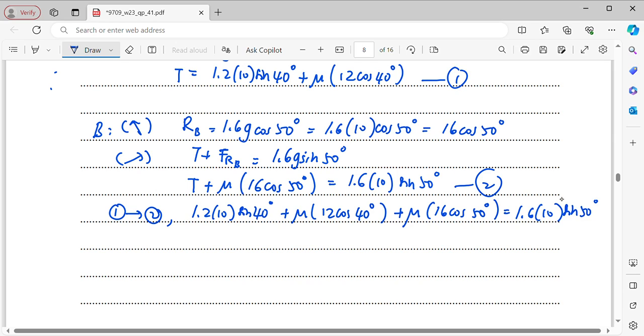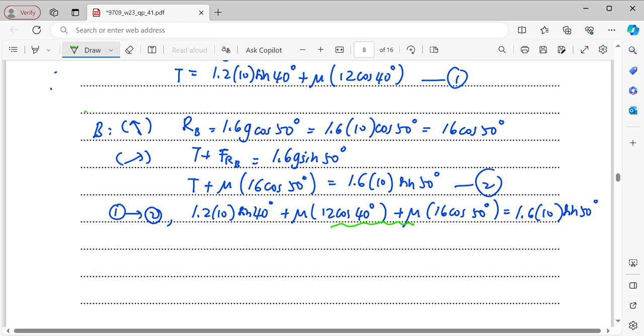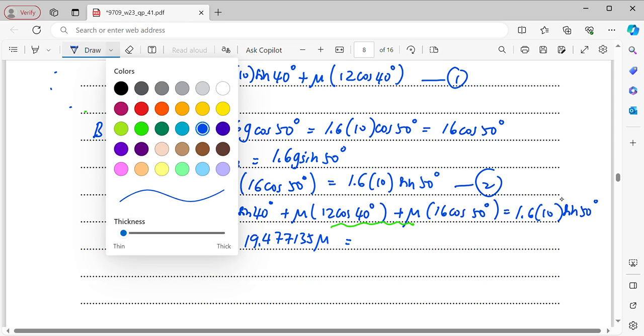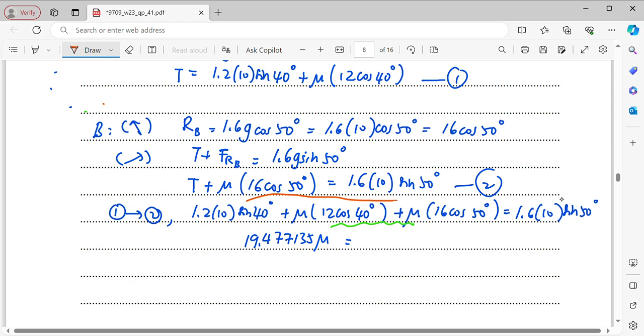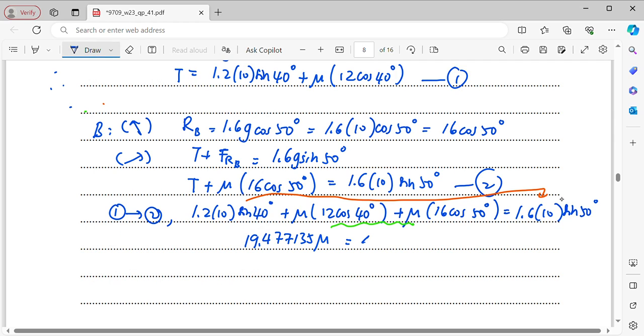For the first part, I will simplify these two terms, those with the mu. When you add up, you will get 19.477135 mu, which equals this whole term that you move to the right side. So this is going to be 4.543259.774, I write down the exact value.